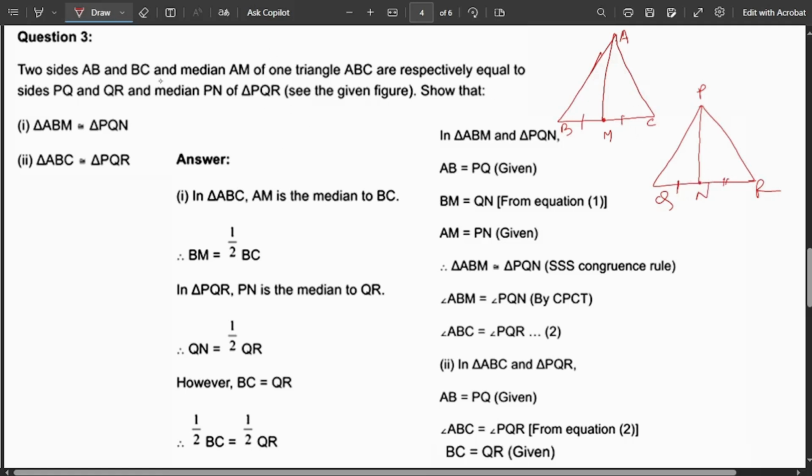Here we have to prove that triangles ABM and PQN, this part and this part, are congruent.